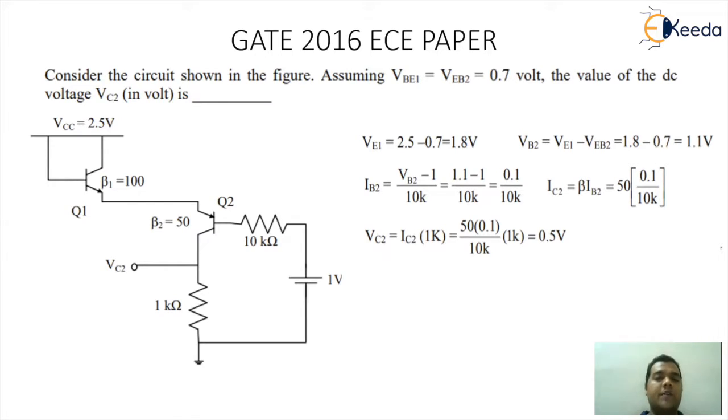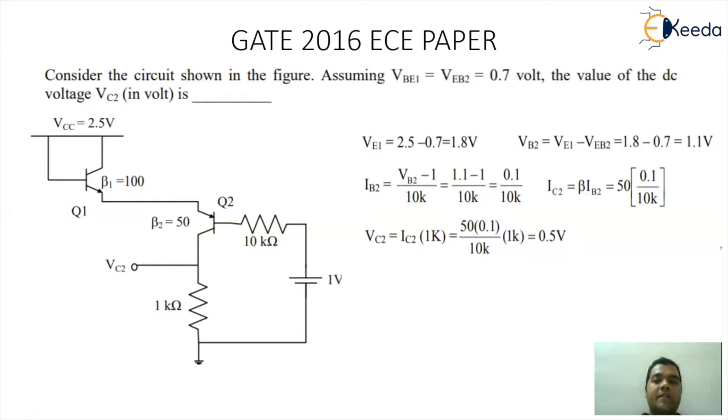The logic is VBE is VB minus VE, so you are finding the value of VE as VB minus VBE. The value of VB here is 2.5 volt, since the base of the first transistor is attached to VCC directly, and the value of VBE is 0.7. So we get the value of VE1 as 1.8 volt.